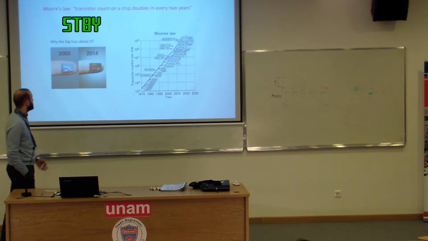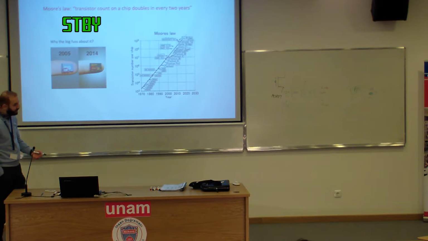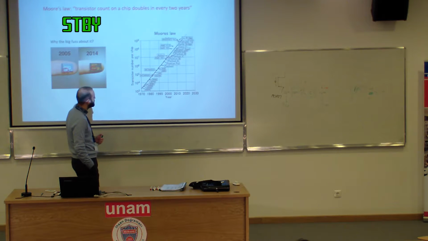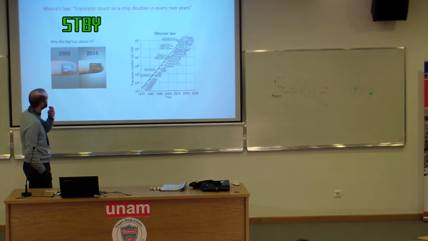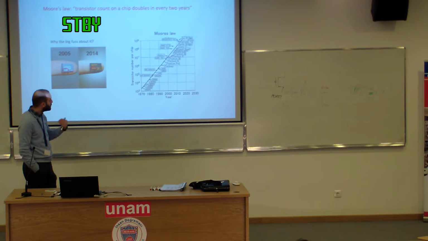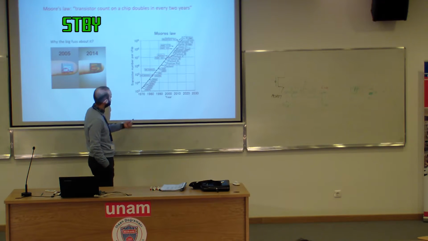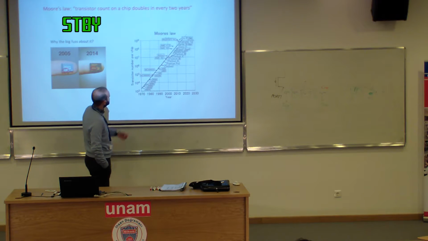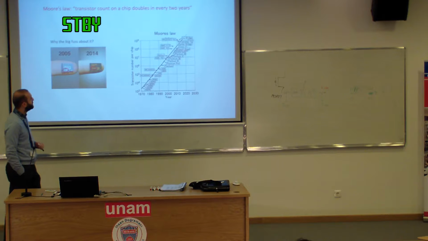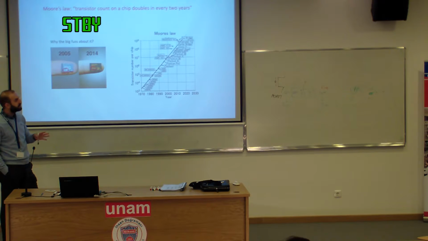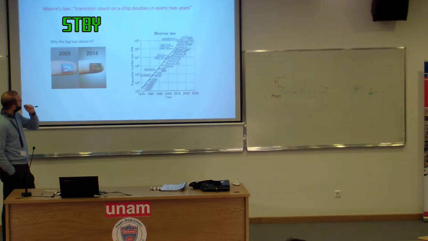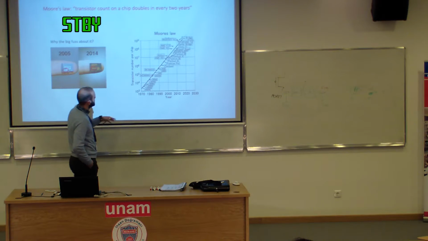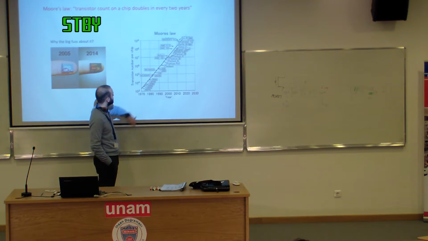And the law states, actually it's an empirical observation, I think maybe from the late 80s. This guy, Moore, looked at the number of transistors on a chip, and he realized that it's following an exponential behavior, so it roughly doubles the number of transistors on a chip, in roughly the same area, every 18 months or 2 years.